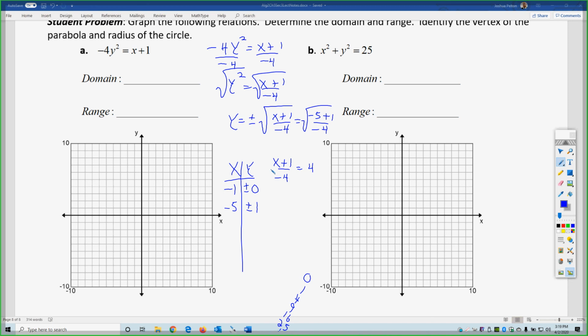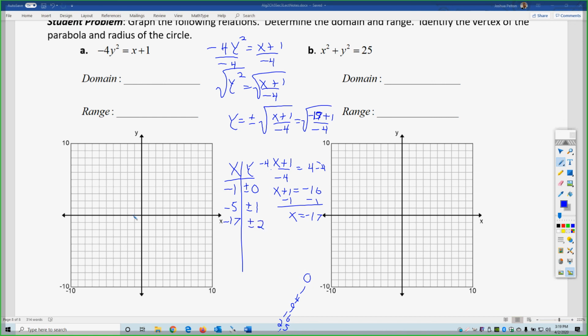Times it by -4 on both sides. So x plus 1 equals -16 minus 1. I get x equals -17. Right, so I plug in -17. I get -16 over -4, which is +4. Square root of 4 is plus or minus 2. That's not going to fit in the graph, but that's fine.